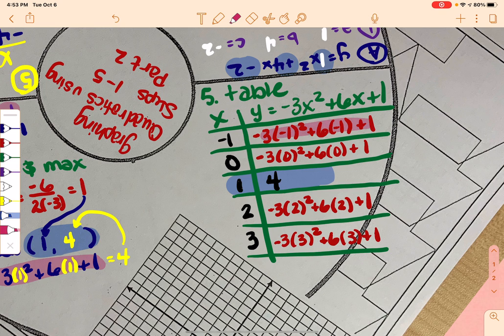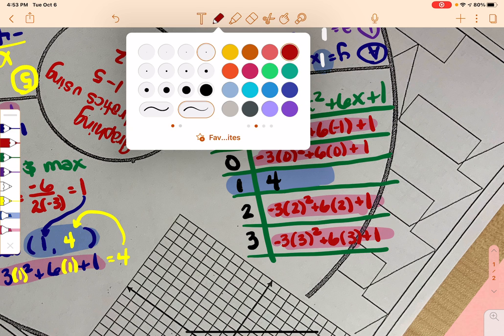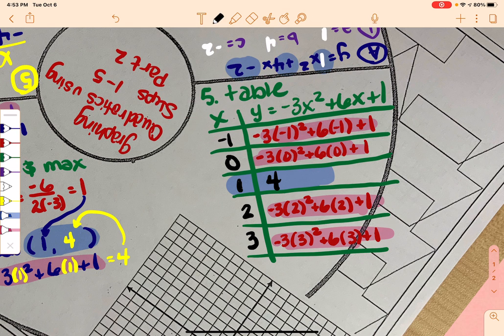Now, I do need to take each one of these and plug them in to Desmos. So if I plug the first one in, I end up with negative 8. The middle one's already done, that's 1, and this is going to be 1, and this is going to be negative 8.